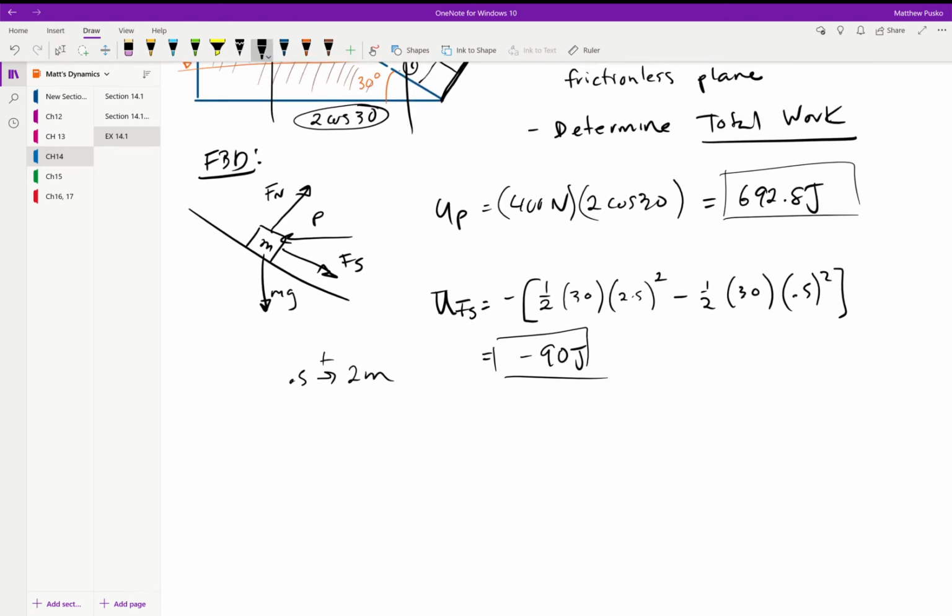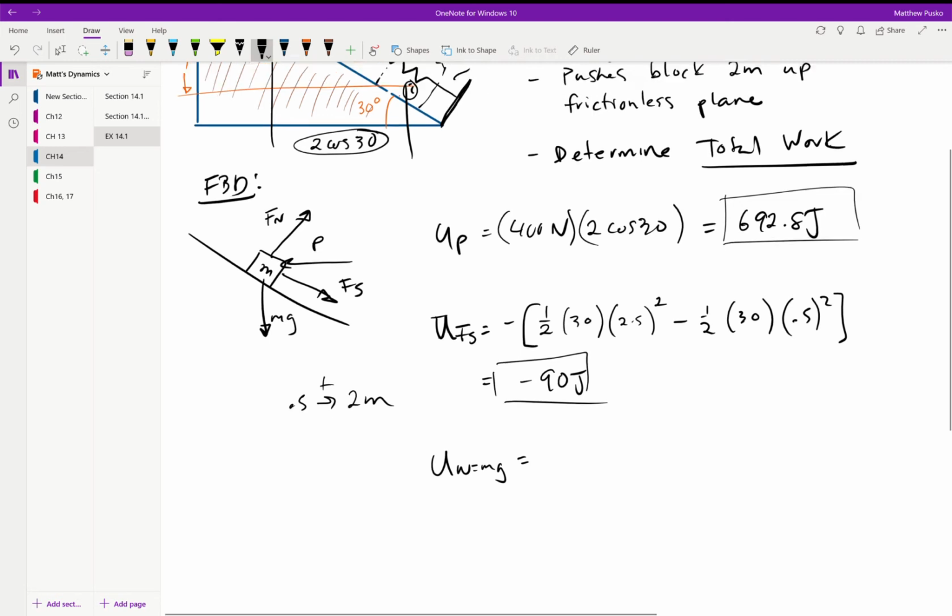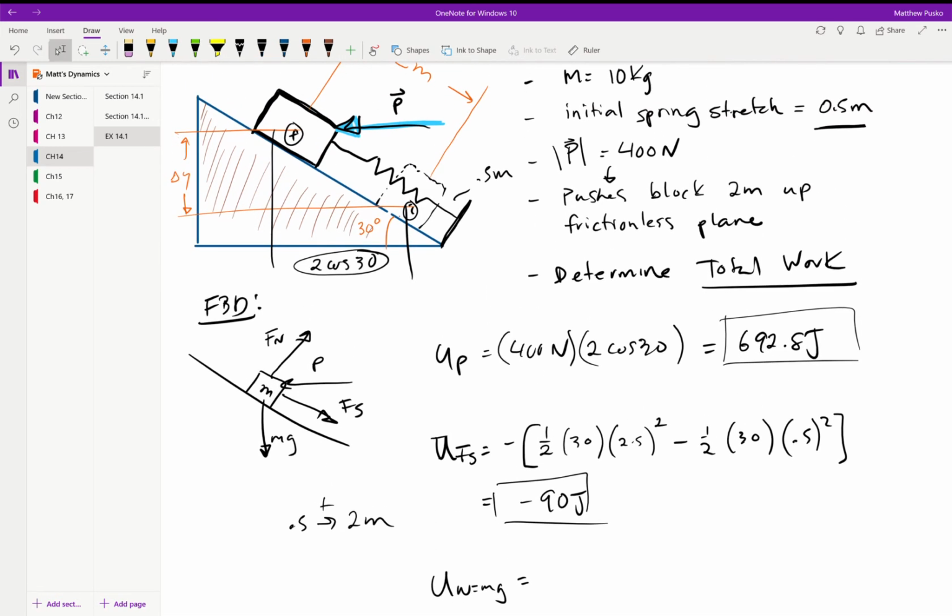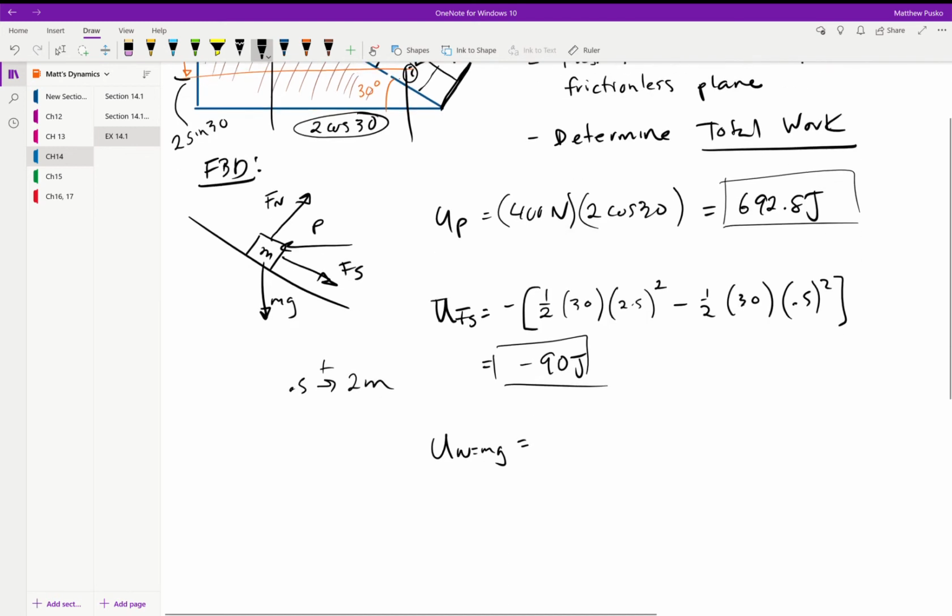What about the work of the weight mg? Well, it's the force times the displacement. Our displacement is this delta y right here, and we can say that is equal to 2 times the sine of 30.